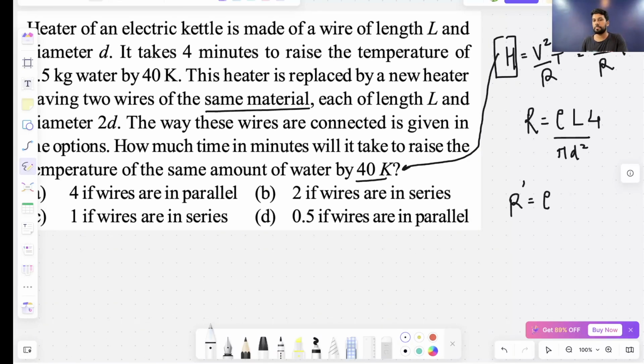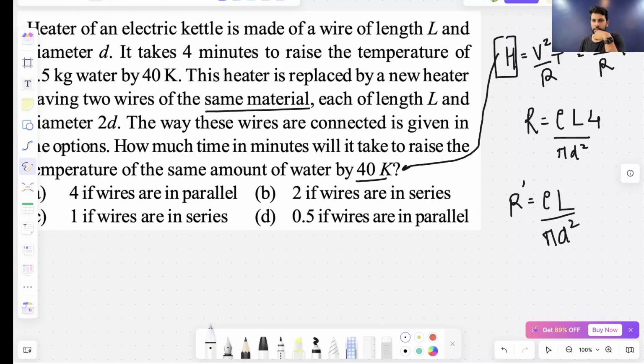Resistivity is same, length is same. What is not same? The diameter is 2d, students, so the radius is d. So the area is pi r square, pi d square. This is the resistance of the new wire.